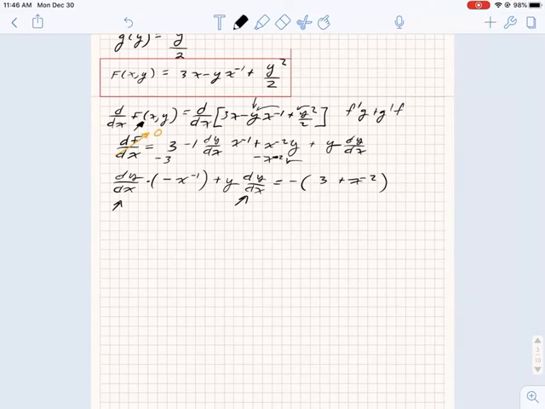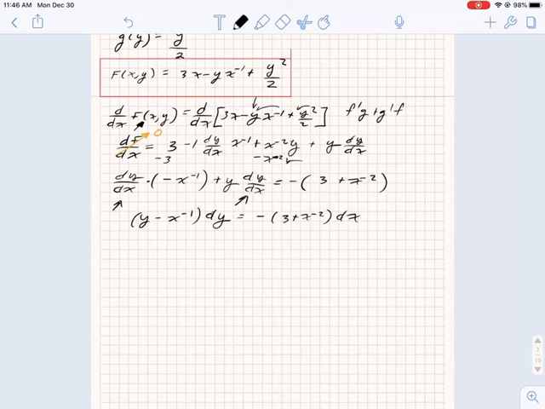So when we factor out a dy over dx, we're going to be left with y minus x to the negative 1 dy, and then we're going to multiply both sides by dx, and we're going to be left with this.